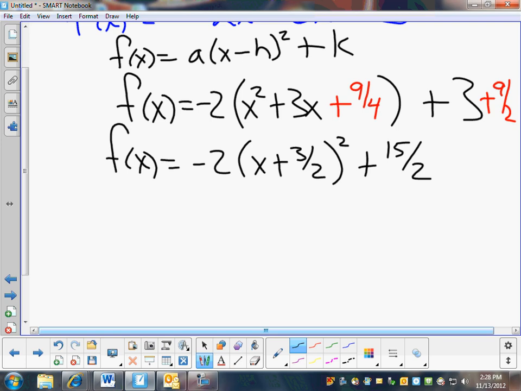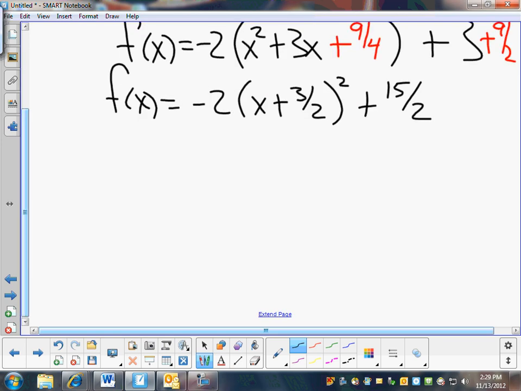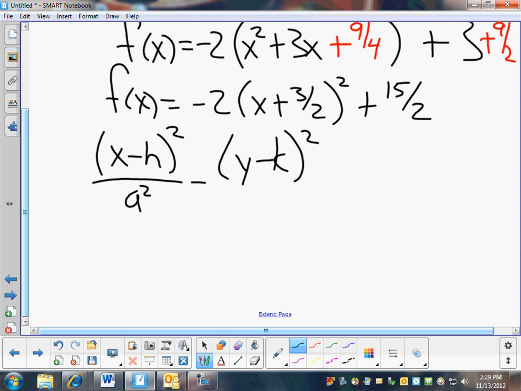Okay? So, before I give you your assignment, I just want you to understand, you can do it either way. But here's what I want you to know. Second semester, here's what we're going to do. You're not going to graph things that look like that. Here's what you're going to graph. X minus h, quantity squared, over a squared, minus y minus k, quantity squared, over b squared, is equal to 1. And it's going to start by looking like this.